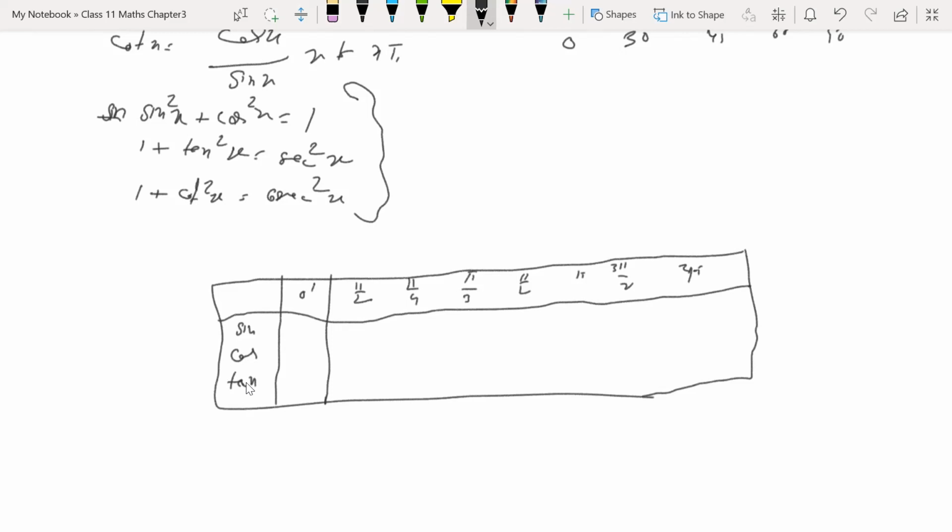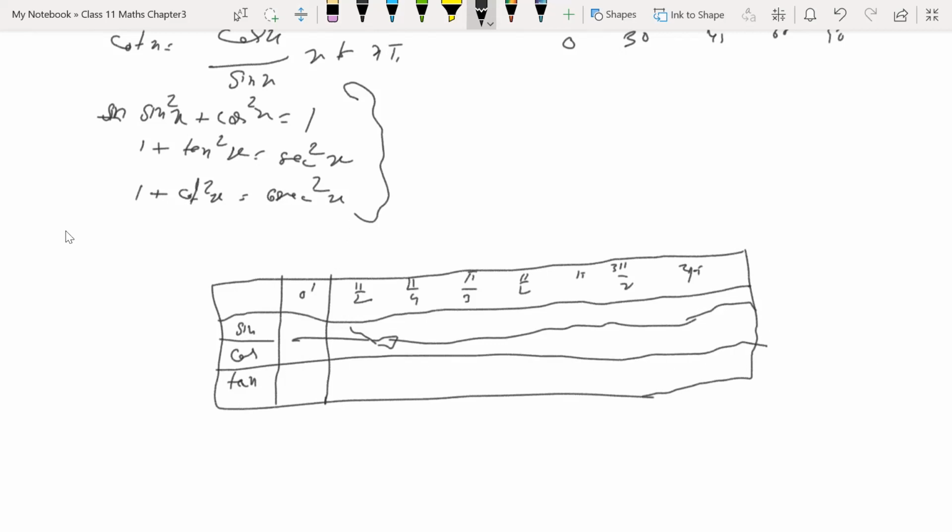Like cotangent is the reciprocal of tangent, secant is the reciprocal of cos, cosecant is the reciprocal of sine. At 0, sine is 0, cos is 1, tangent is 0, because tangent is sine upon cos.